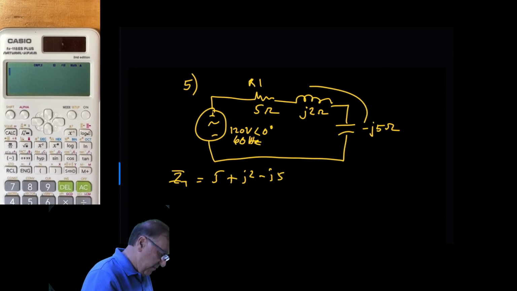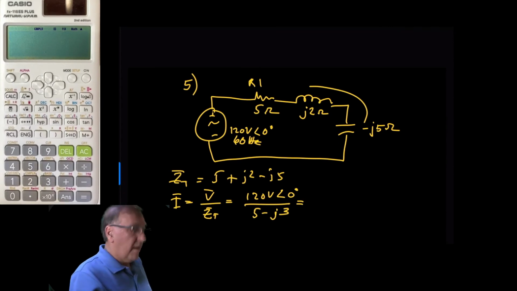So that's the impedance vector, and calculating the current vector equals V over Z total, and this is a vector as well, so that would be 120 volts at 0 degrees over 5 minus J3.